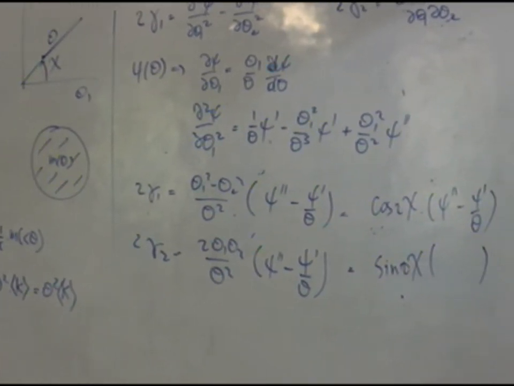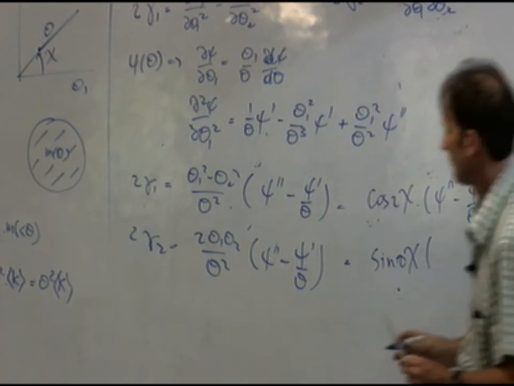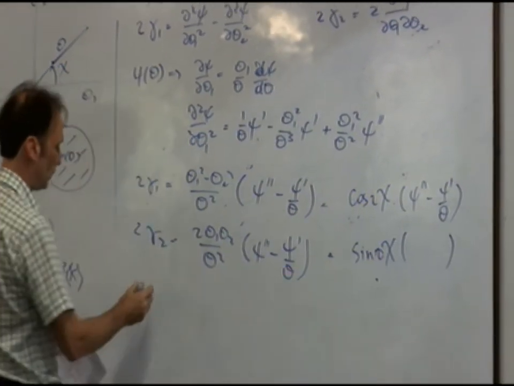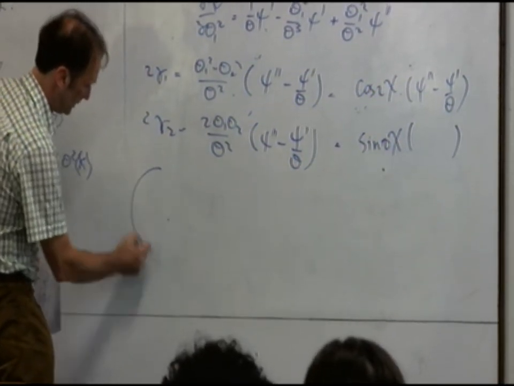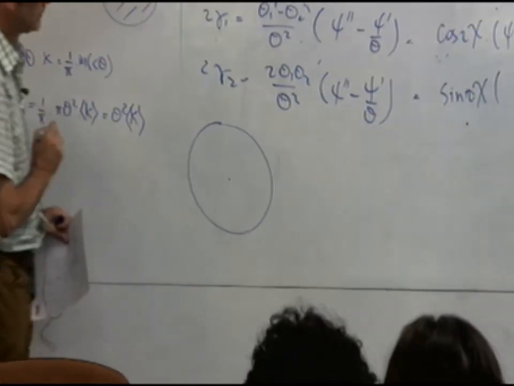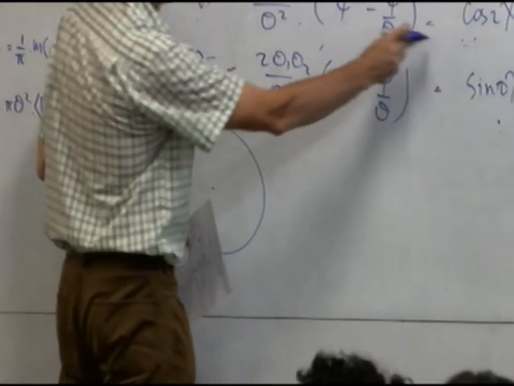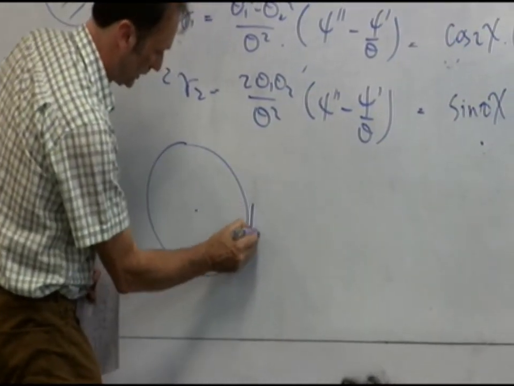And again, I'm not going to spend too much time going through all these derivations. What this shows is that gamma 1 and gamma 2, and this is what you expect by symmetry, if chi is 0, then you're on this side of the lens. On this side of the lens you have a gamma 1 which is non-zero and a gamma 2 which is 0, so you typically get something like this.